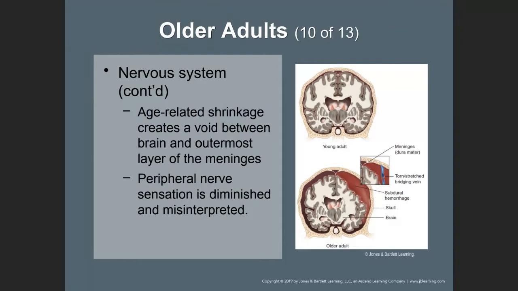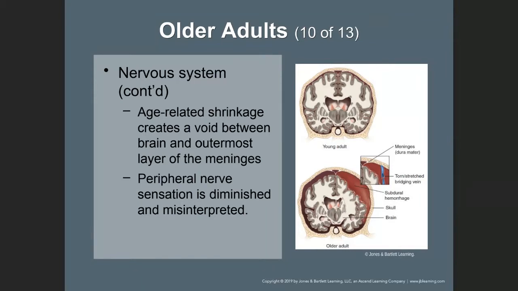The nervous system continued. Age-related shrinkage creates a void between the brain and the outermost layer of the meninges. So because of that atrophy that's occurring, there is a gap between the brain tissue and the skull, which creates a space that allows for more shifting.